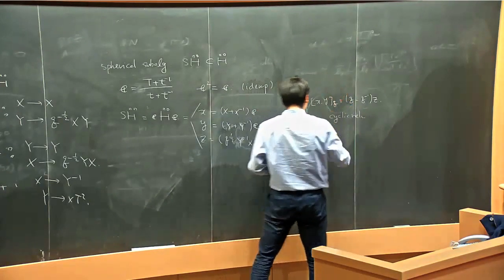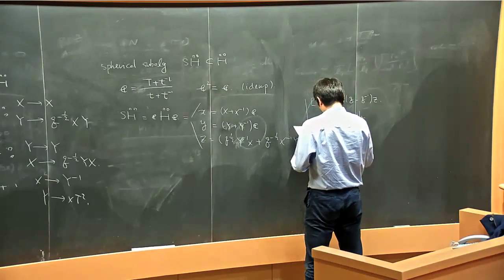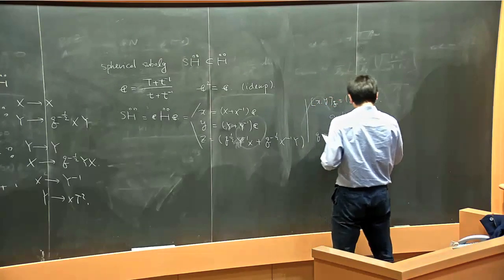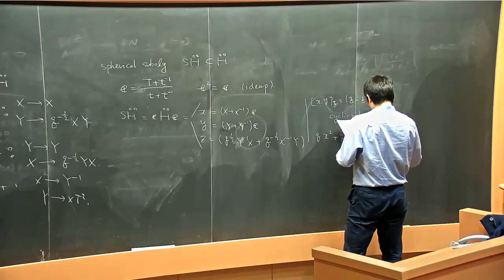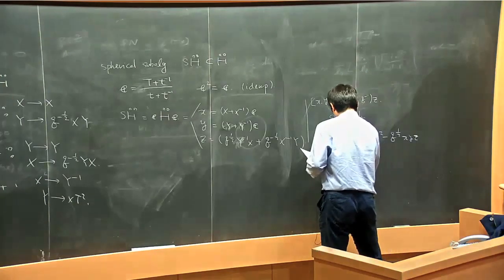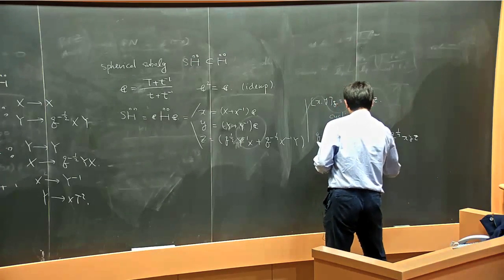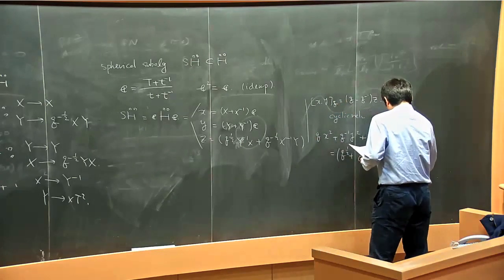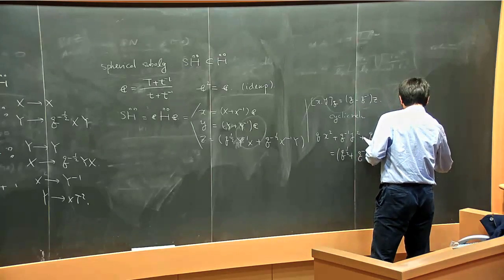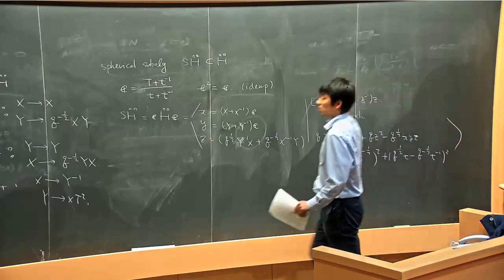You just rotate x and y and z. And also you have q x squared plus q inverse y squared plus q z squared minus q 1/2 xyz, which is equal to (q to the 1/2 plus q to the minus 1/2) squared plus (q to the 1/2 t minus q to the minus 1/2 t inverse) squared.